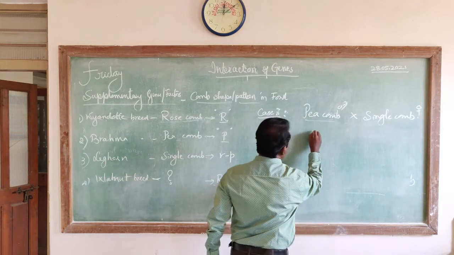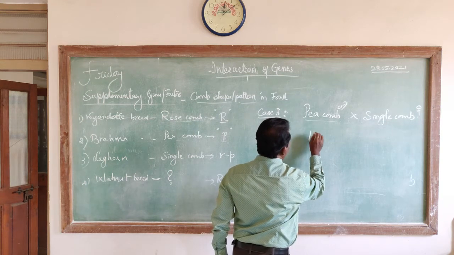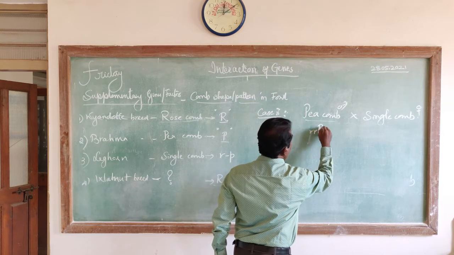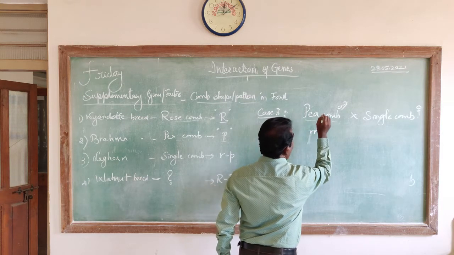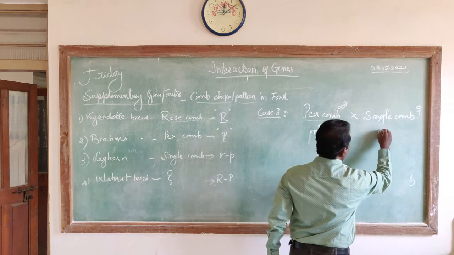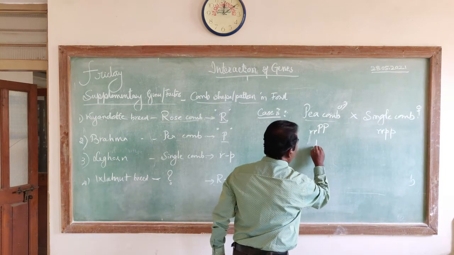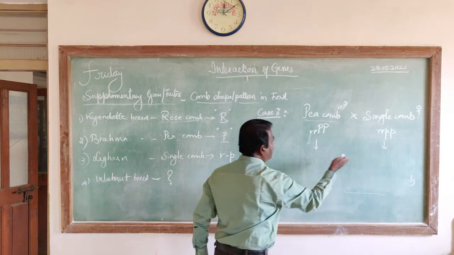For pea comb, you need to write a genotype, that is small r, capital P, where capital P is for pea comb, and single comb, as you all know, recessive, small r, small p. And they produce their respective sperm and eggs.